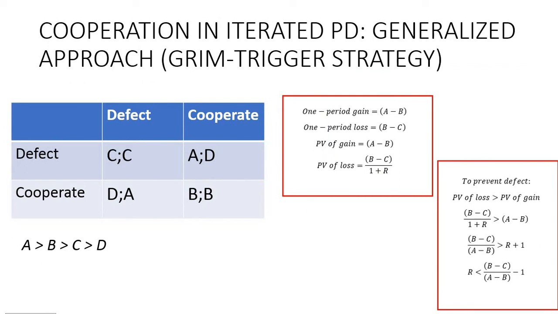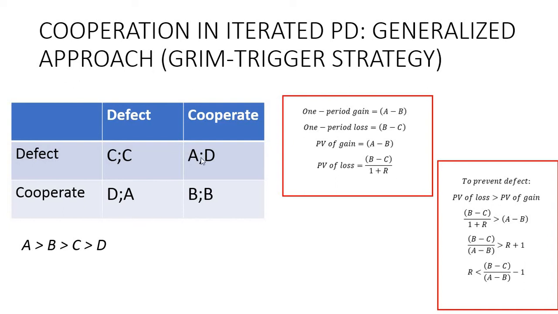Okay, so speaking more generally, assume that we are gonna play this game for the unknown number of periods. So we analyze the effective rate of return and assume that both players play grim trigger strategy. So there is no cooperation after a single case of defection.